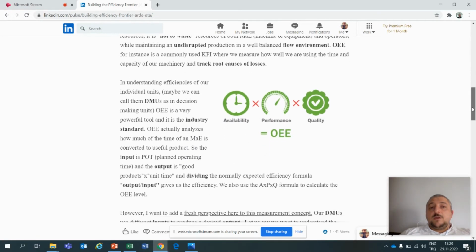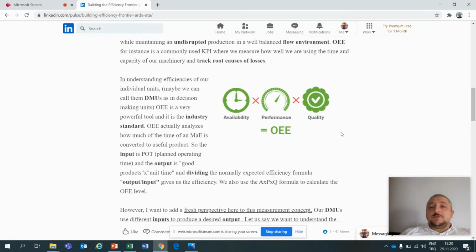Here, we have to mention the overall equipment effectiveness. The OEE figure is crucial in understanding what is going on in our facility in terms of the availability, performance and quality of each different unit. OEE is the industry standard in understanding efficiencies in the manufacturing area.